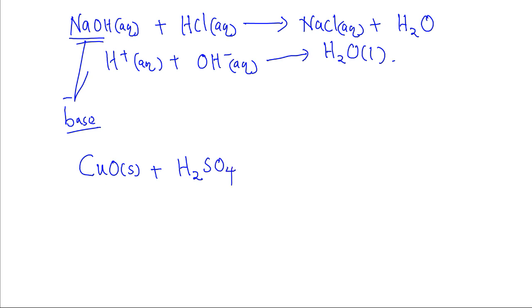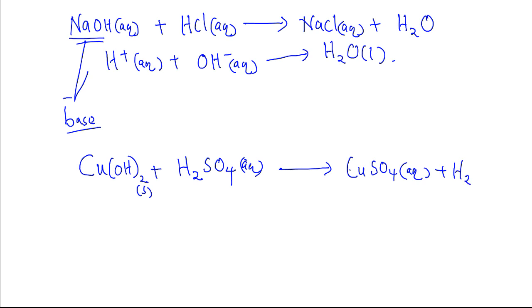Or we can use copper 2 hydroxide and sulfuric 6 acid, and that gives copper 2 sulfate plus water. Another neutralization reaction where we have hydroxyl ion combining with hydrogen ion to give us water.